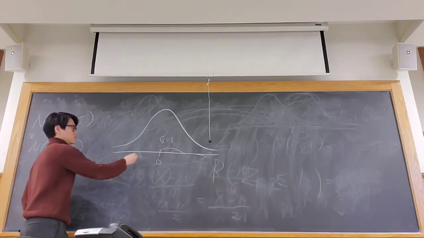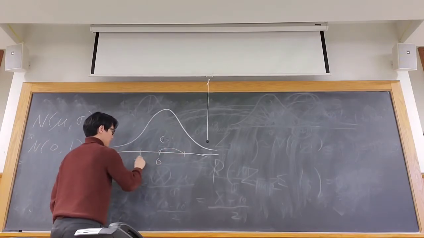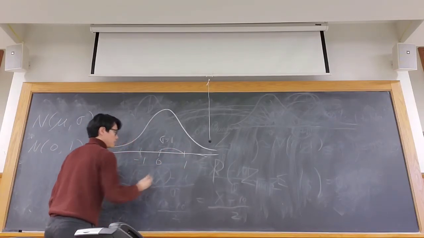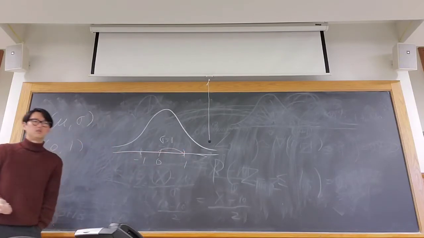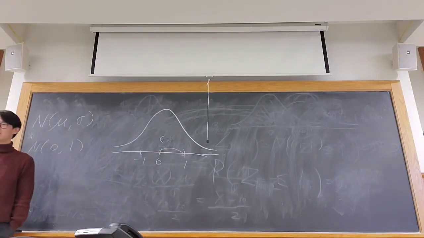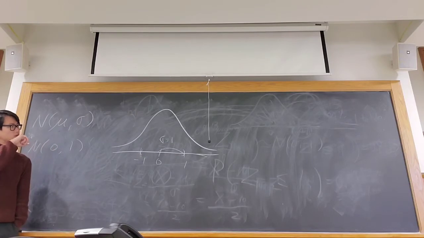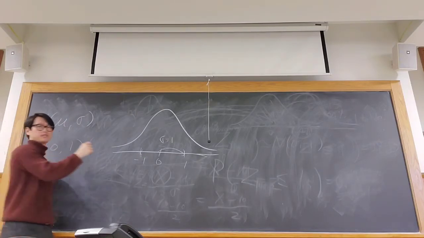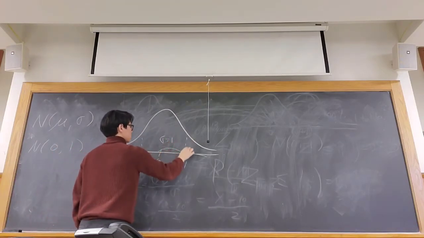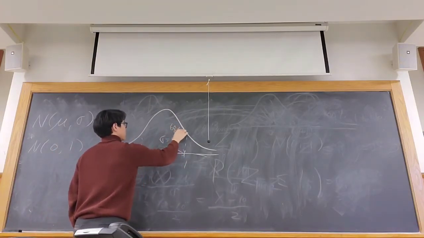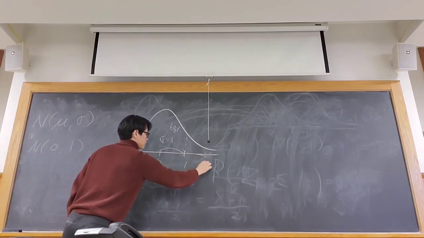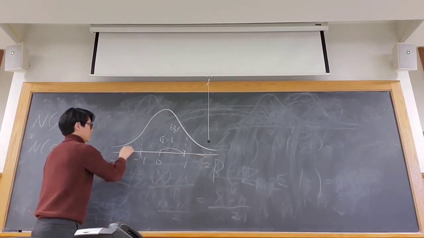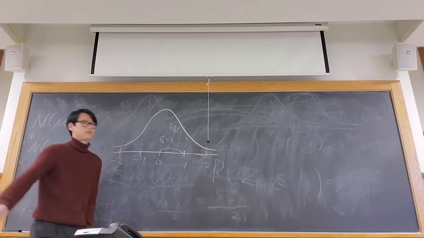If I take the range from -1 to 1, what percent of your data will fall within that range? It will be 68, right? And same thing, if I pick -2 to 2, it will be 95, right?